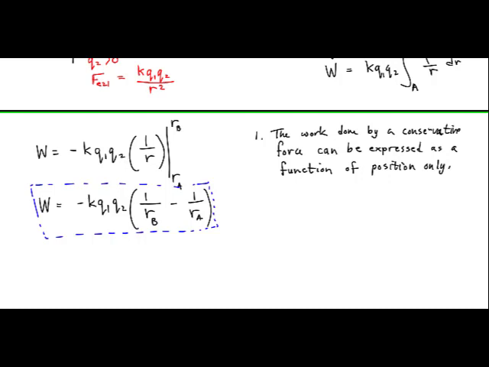We have an expression for work, and that expression for work involves a final position of our object and an initial position of our object. Everything else is a constant. So here, work is expressed as a function of position only.